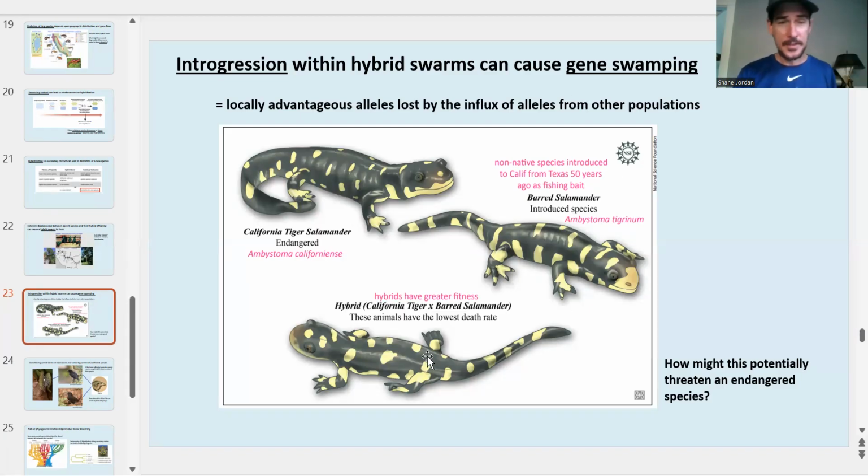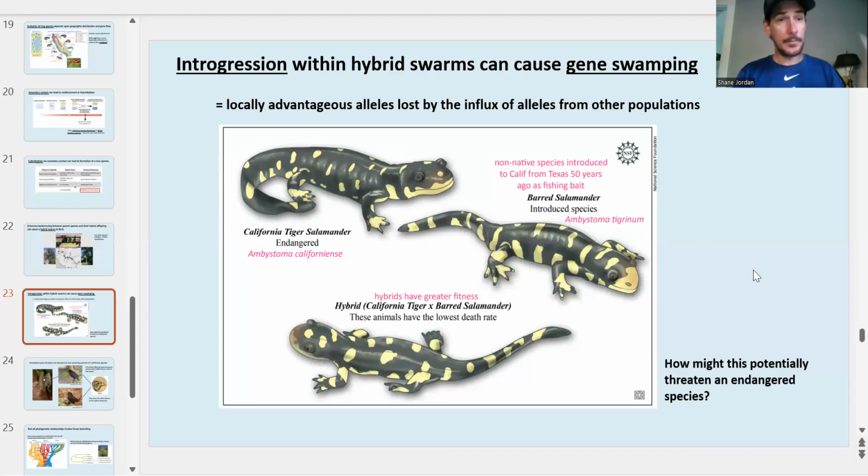If these hybrids continue to have high fitness for many generations, they'll basically be the lineage that persists. Much of the genome of the California tiger salamander may be lost via sexual reproduction, genes getting mixed up during sexual reproduction, and certain California tiger salamander genes that might be important for that species could be lost.